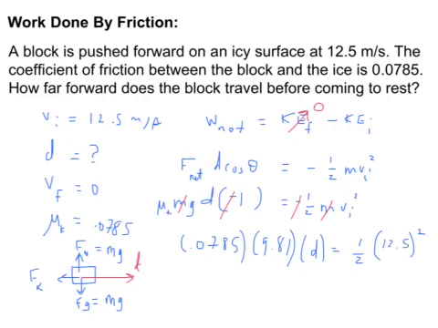So you can solve for the distance here. You have to divide the left and right sides by 0.0785 and by 9.81. And when you do that, what do you get? You get 101.44984, and with sig figs we round that to 101. Wow, that is pretty far forward.